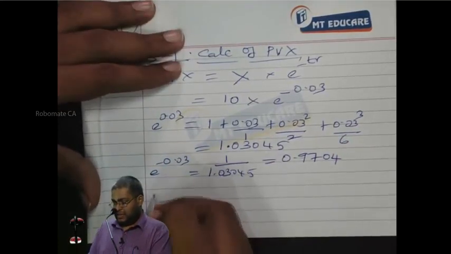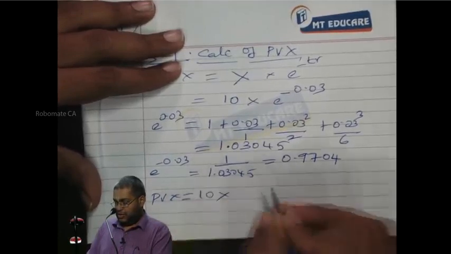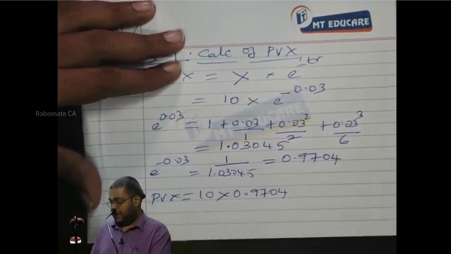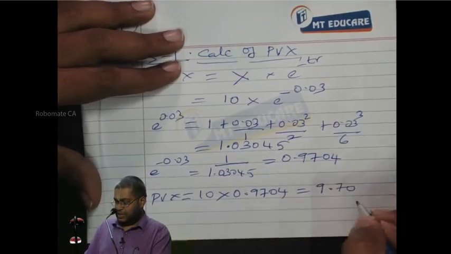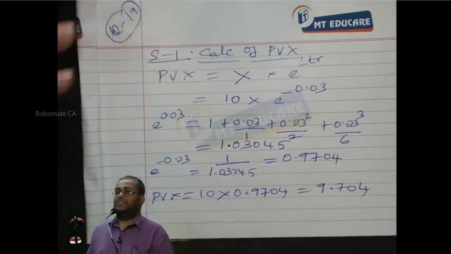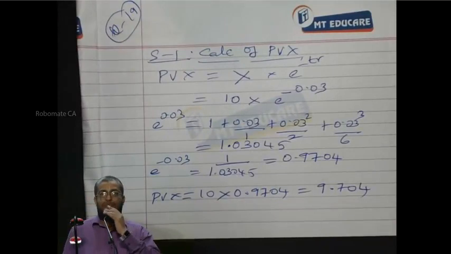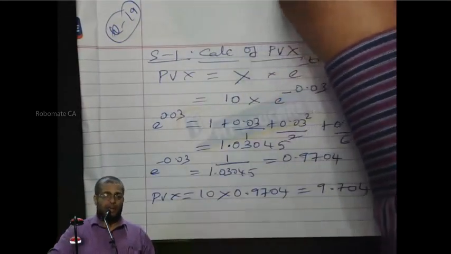In that case, present value of strike price is equal to 10 into 0.9704, which is 9.704. Present value of strike price, PV of X, is 9.704. Can I proceed further or not?